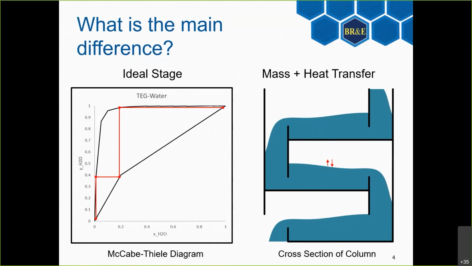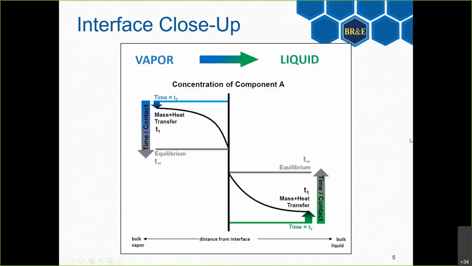One thing that I should note is that this is a non-equilibrium model, so we end up with non-equilibrium composition and also with different temperatures for each phase. This is going to be evident from the next slide, where we will take a closer look at what's going on at the phase interface. This might represent an absorption of some component A from vapor to liquid.